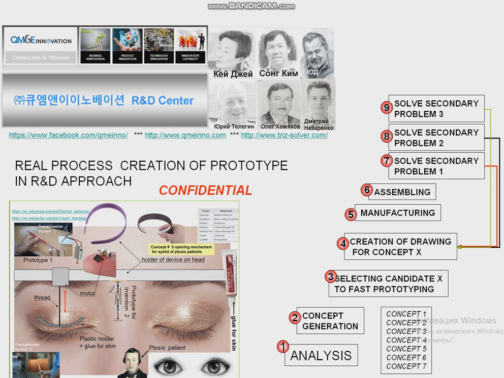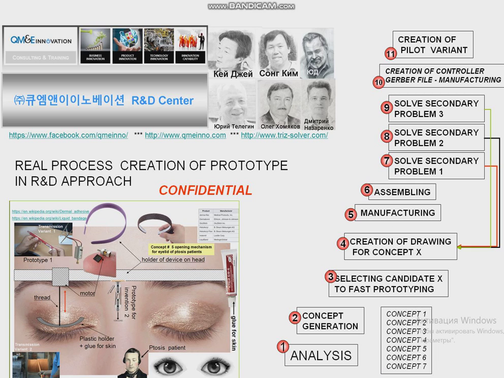Only after this can we create a workable version, and after this the step of creating the controller. It is a Gerber file and manufacturing. It is also approximately 2 weeks of our work.